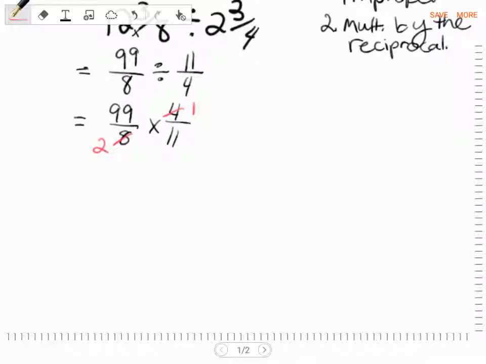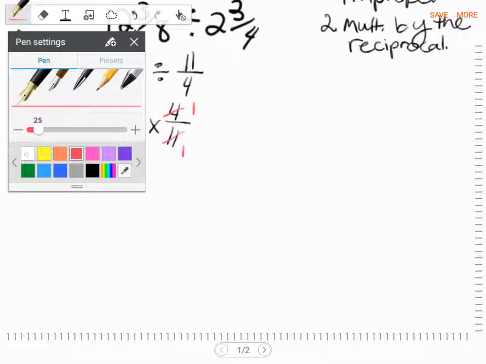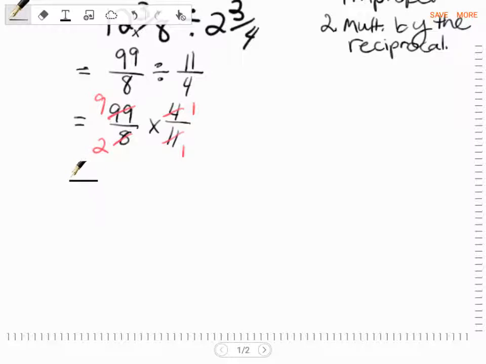With my 11 and my 99, 11 goes into itself once, and it goes into 99 nine times. Knowing all your multiplication tables is helpful here. Now I multiply using my new numbers. 9 times 1 gives me 9. 2 times 1 gives me 2.